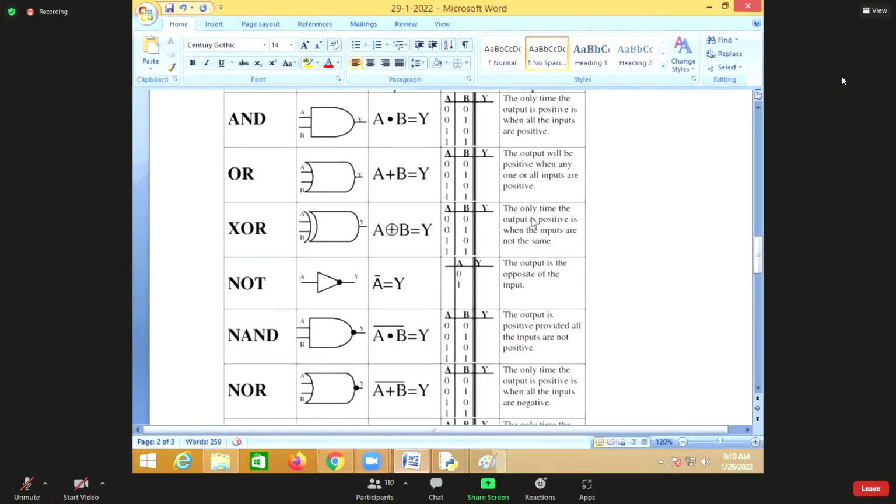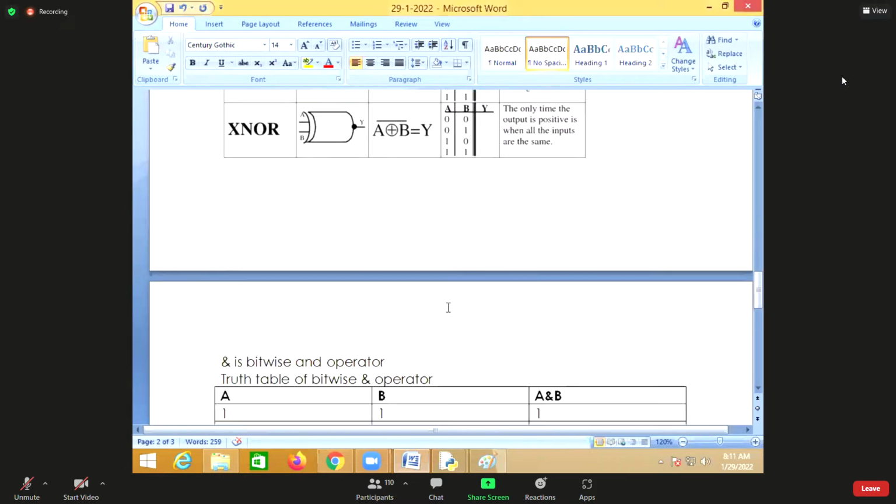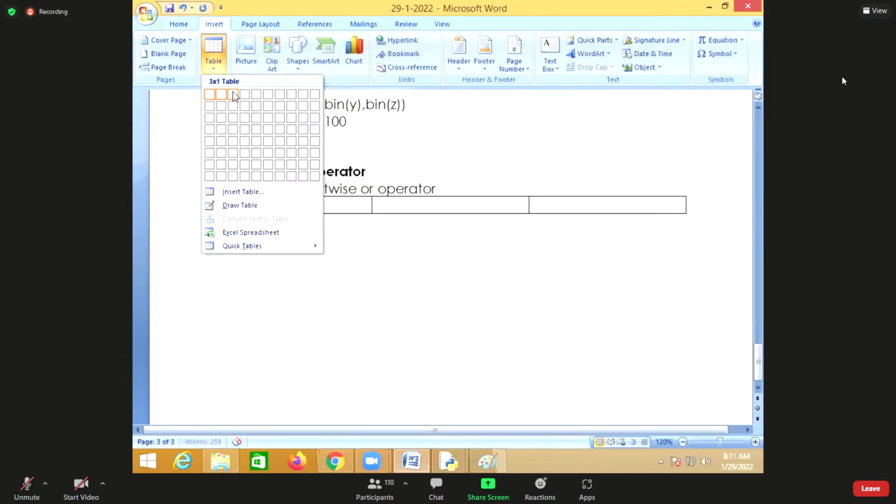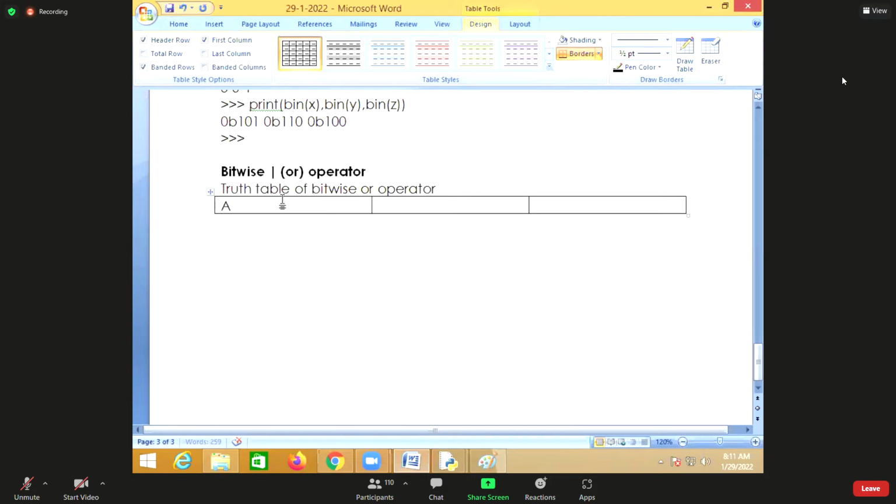So what will happen in the OR gate is the output will be positive when any one or all inputs are what? Positive. If you see, this is A, this is B, and this is A or B.